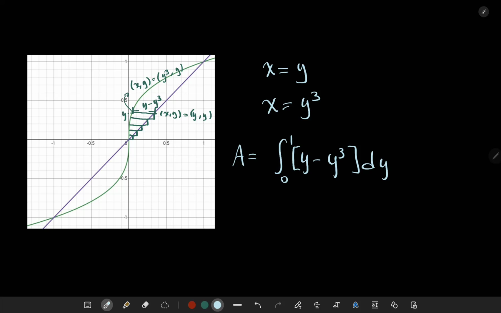There's symmetry. These two functions are symmetric with respect to the origin, so this area is going to turn out to be the same, but I'm going to write it out so we're clear. This one will go from -1 to 0, and when you're drawing your rectangles here, you always subtract from right to left, because that gives you a positive height.